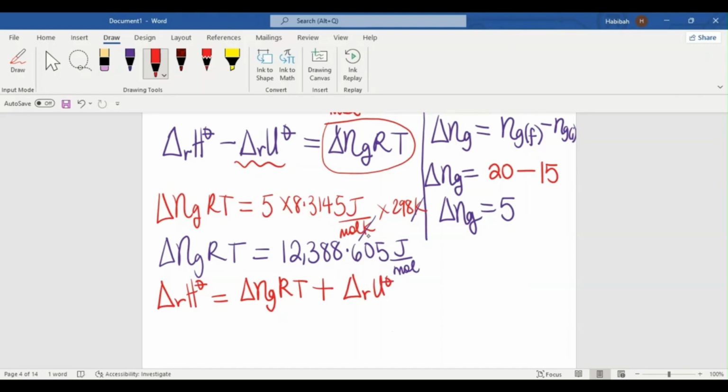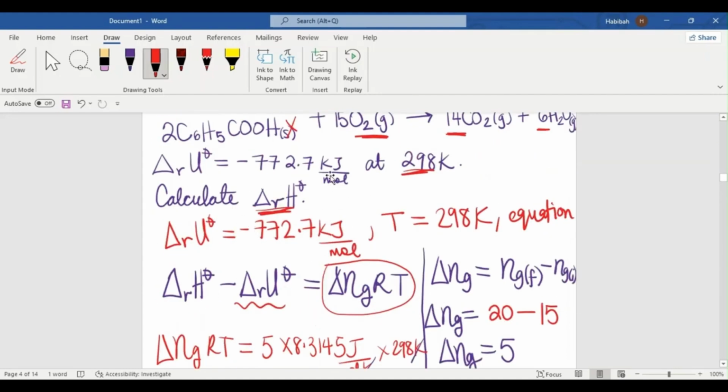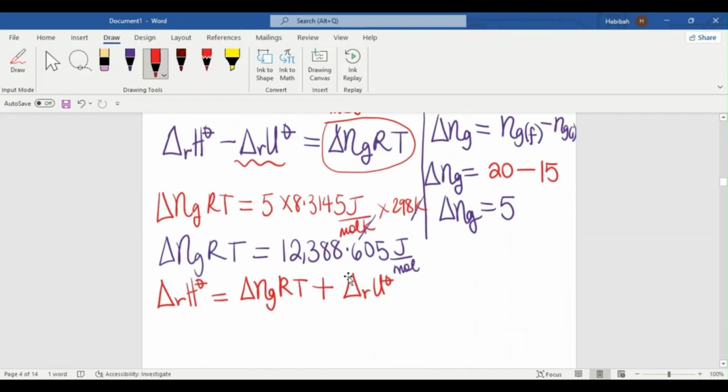Well, we have a bit of an issue because we have the change in internal energy given to us in the question in kilojoule per mole, and we have the information we solved for, the change in number of gases times RT, in just joules per mole. So we have to convert it from joules per mole to kilojoules per mole.